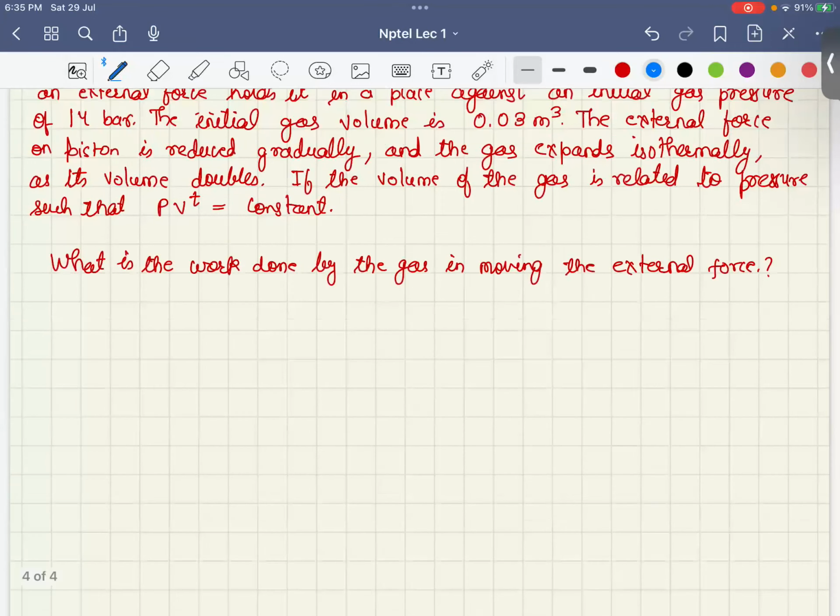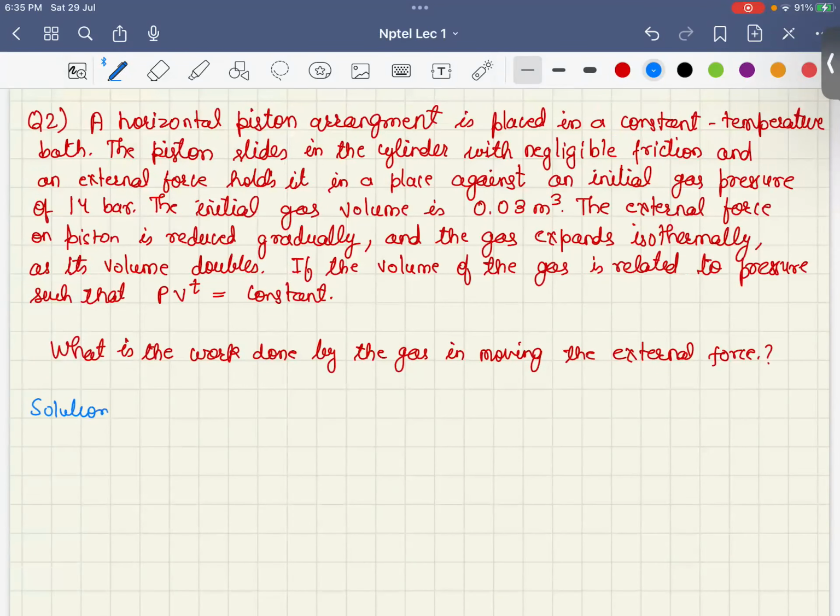Okay. So what we are given is, a horizontal piston is placed in a constant temperature bath. That means temperature is constant, and the piston slides in the cylinder with negligible friction, right?